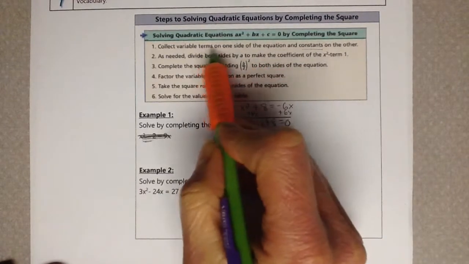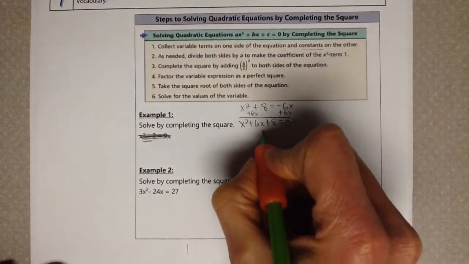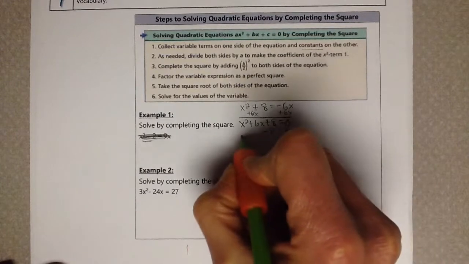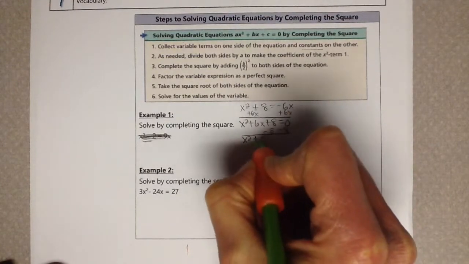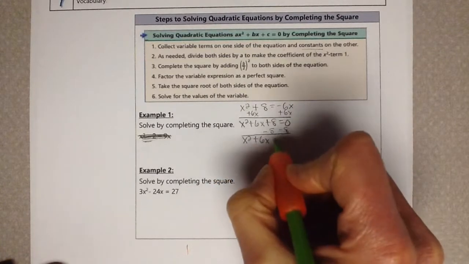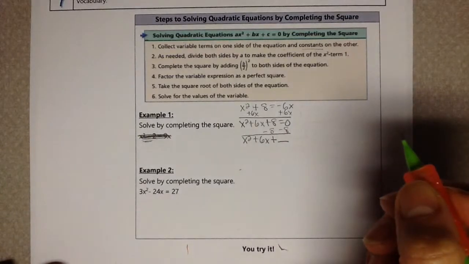So we have the variable terms on one side, we need the constants on the other. There's just one constant here, which means we're going to subtract 8. And now we have x squared plus 6x. And yesterday you had to add something, so you were able to write it as a binomial squared.